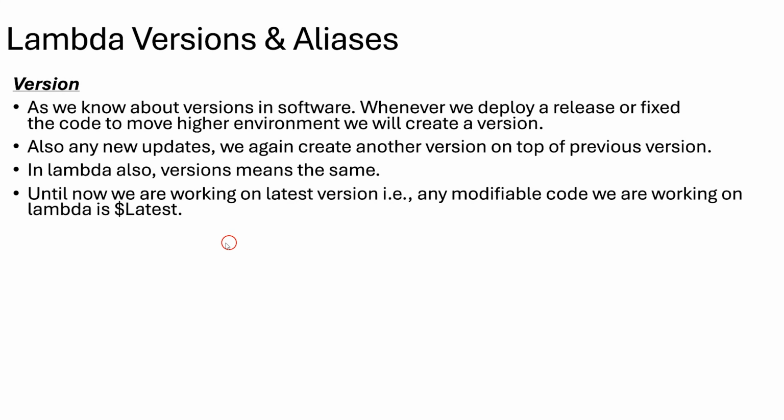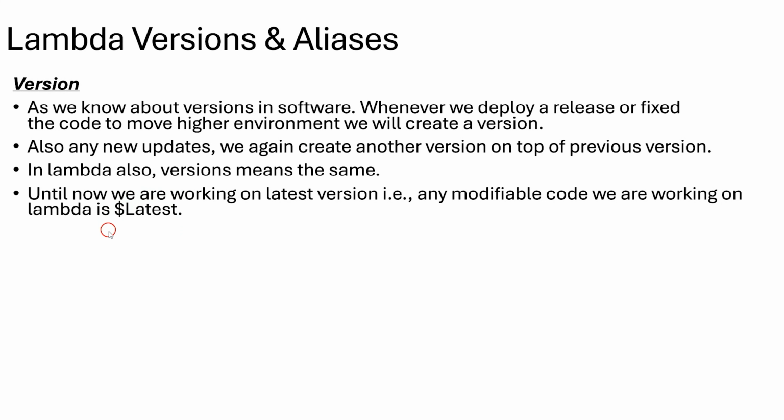So until now we are working on the latest version. Whenever you create a Lambda function, it will show you a text editor where you can edit the code, right? That is the latest version. That is mutable, in fact, so you are able to modify the code. Any modifiable code we are working on in Lambda is $LATEST.